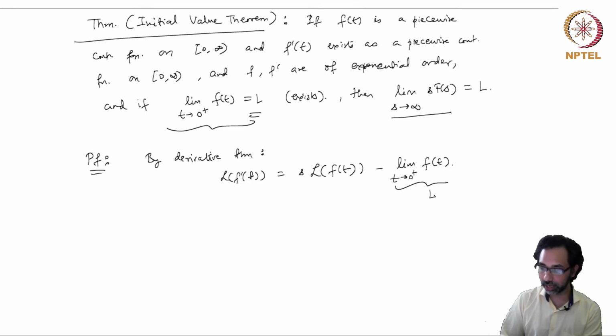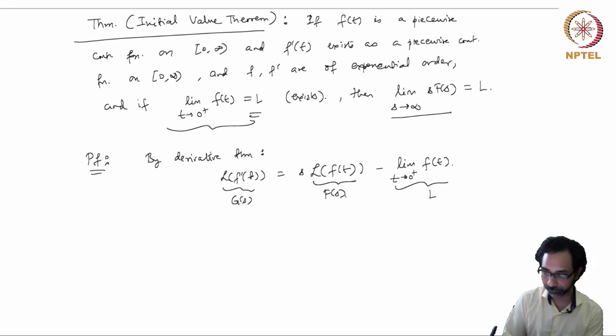This is nothing but L, and let us denote this as G(s), and let us denote this as F(s). So we have G(s) is sF(s) minus L.